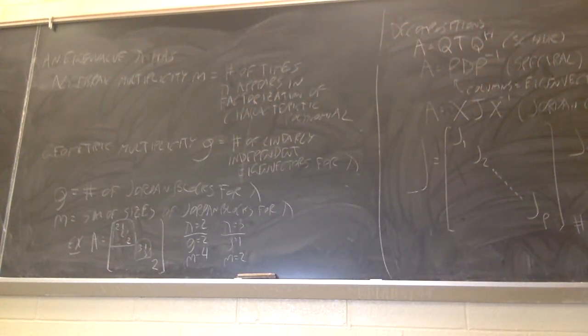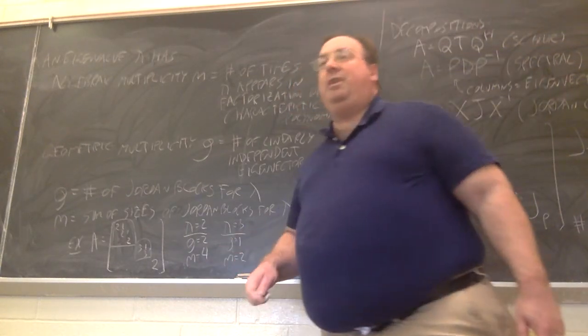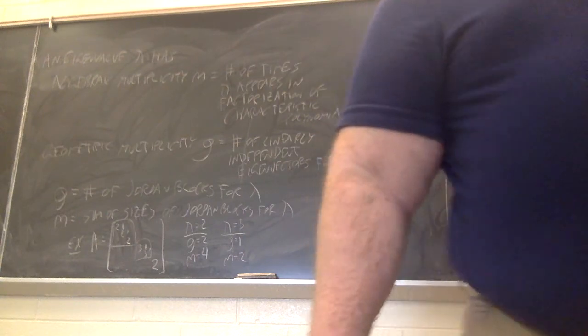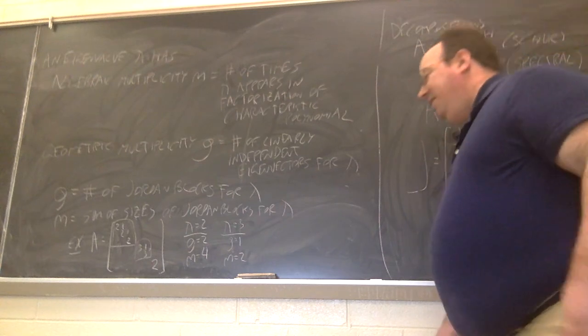Okay. So, now this is a 6-by-6 matrix. Your algebraic multiplicities, therefore, must add up to 6. But your geometric multiplicities, not necessarily. It's less than or equal to. So this matrix is very defective.